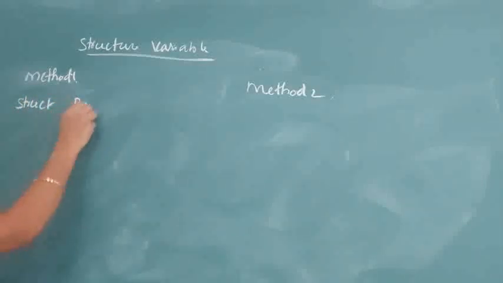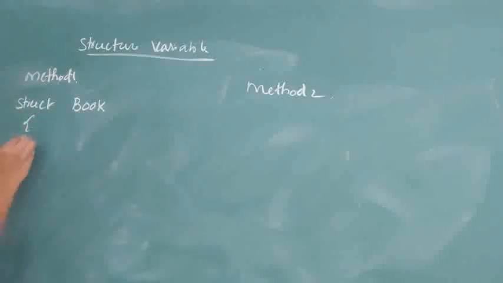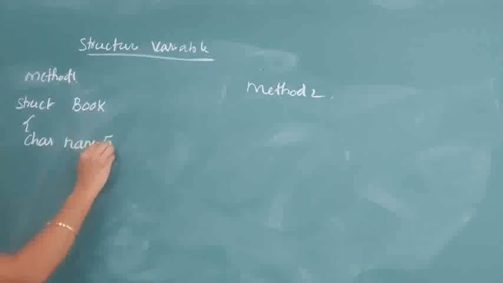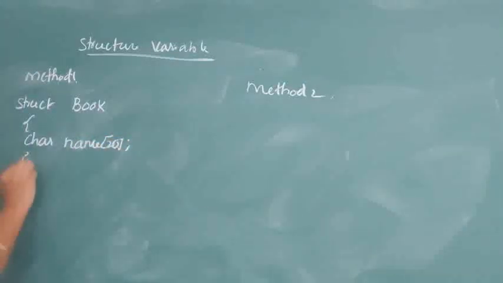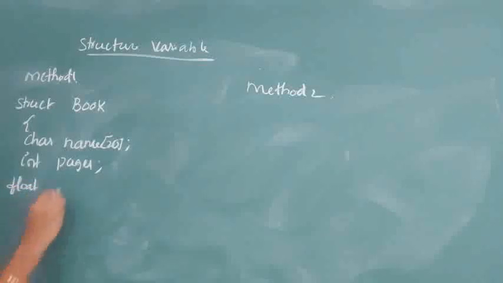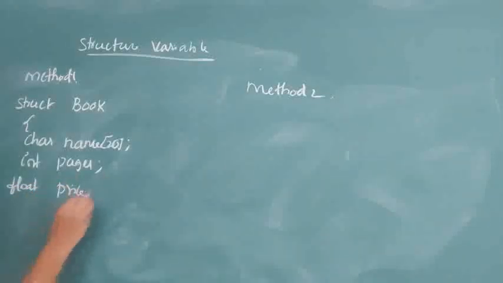Structure name is book. As already explained, character name, for the book name I am giving 20 characters. Next, int pages. Next, float price of the book. So this is a structure. Understand?